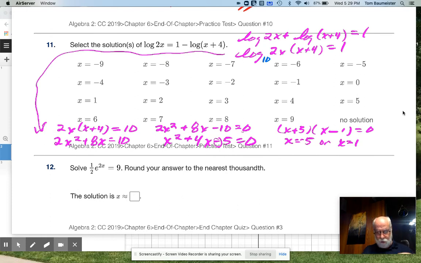But I want you to think here. When I plug in this negative 5 up here, what is negative 5 plus 4? That's negative 1. Even if I plugged it in on this side, 2 times negative 5 is negative 10. What did I just tell you earlier? We can't have negative logs.